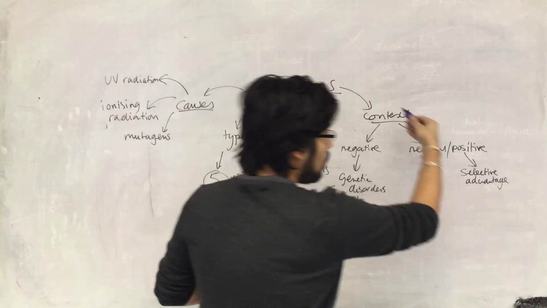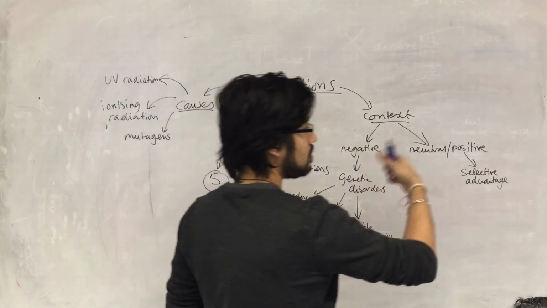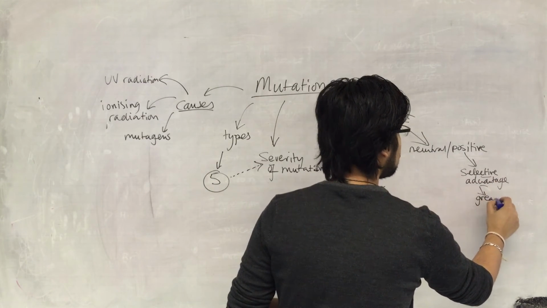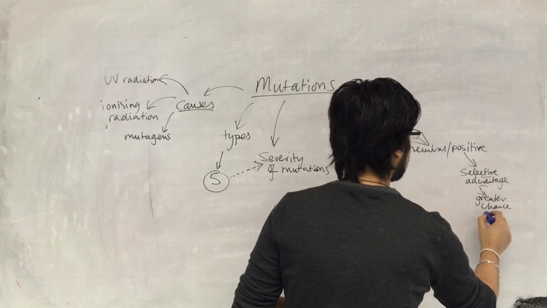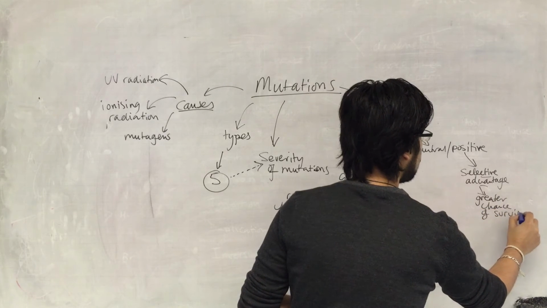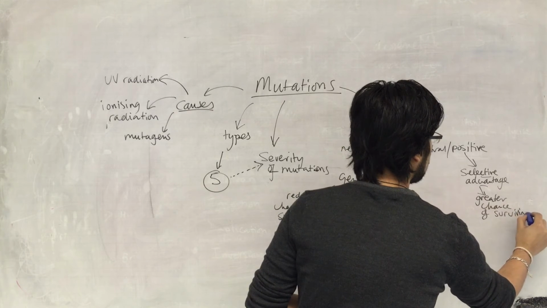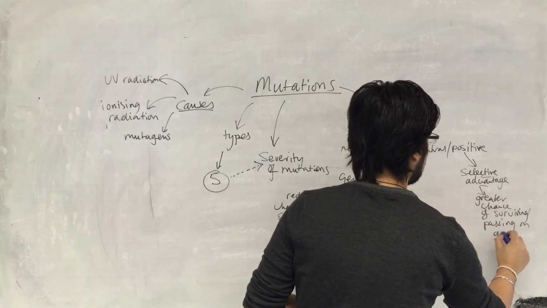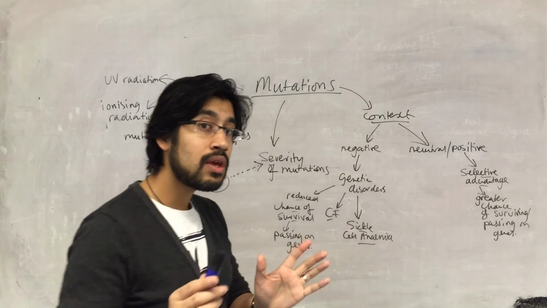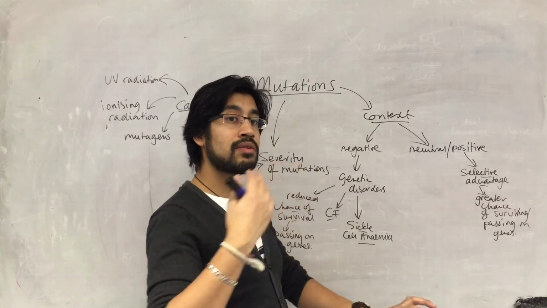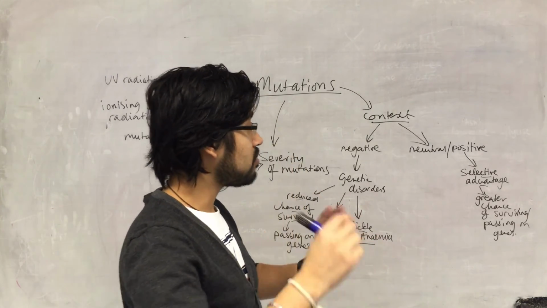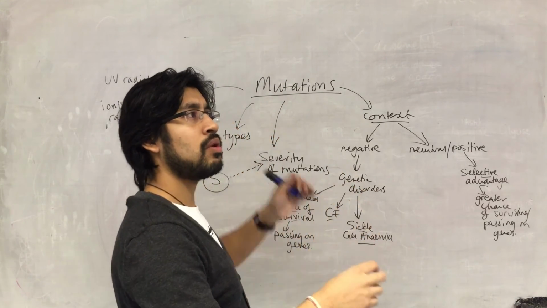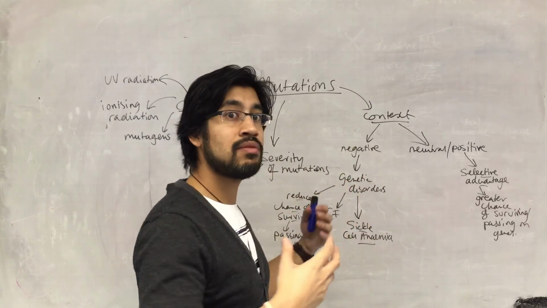Okay, but positive mutations give a selective advantage, and these individuals have a greater chance of surviving and passing on genes. Right? So I think we're kind of going back to some of the things that we might have studied when we were doing evolution, and we kind of just mentioned, oh yeah, there's a mutation, and mutation gives a selective advantage, right?